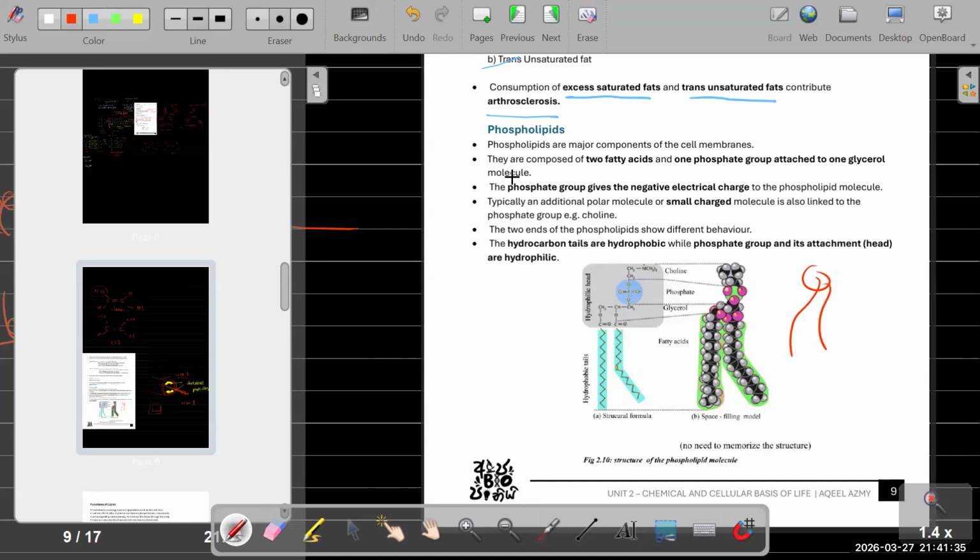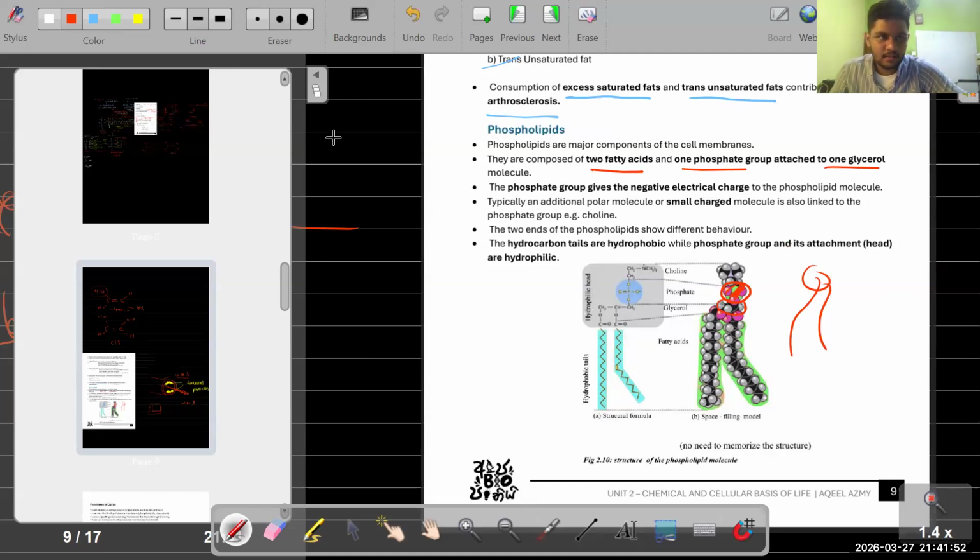They are composed of two fatty acids and one phosphate group attached to one glycerol. See here, this is the phosphate group. One glycerol is attached downwards. I'll give the glycerol green color. This is the glycerol part.